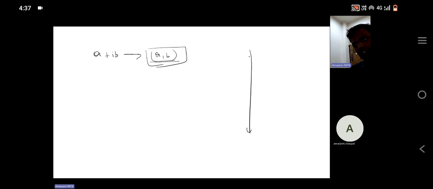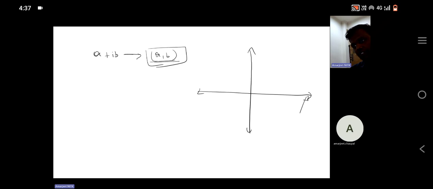So if a number is like this, a plus iota b, this complex number represents a point a comma b in a complex plane. Here suppose this is our y-axis and this is x-axis.